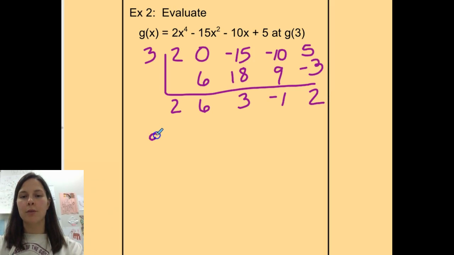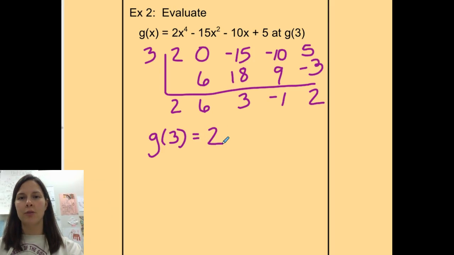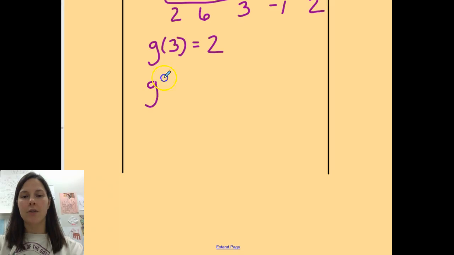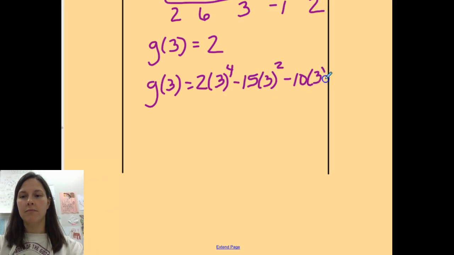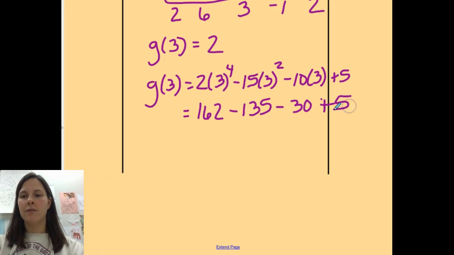Our remainder is 2, so what that means is when we substitute 3 into the function, we will get a value of 2. As a comparison, subbing that 3 into the function and evaluating it how we normally would, we would do 2 times 3 to the 4th minus 15 times 3 squared minus 10 times 3 plus 5. 3 to the 4th is 81 times 2 is 162. 3 squared is 9 times 15 is 135. 10 times 3 plus our 5.